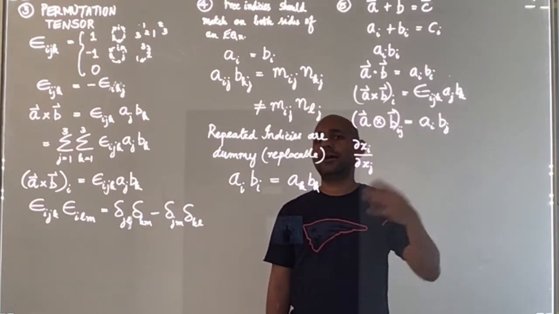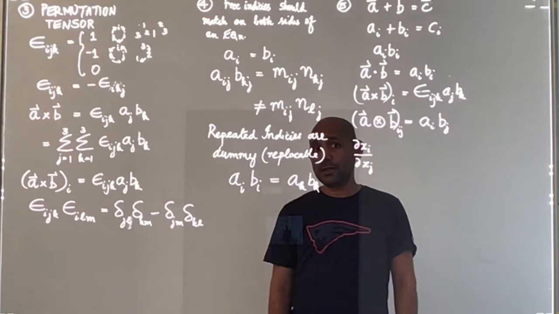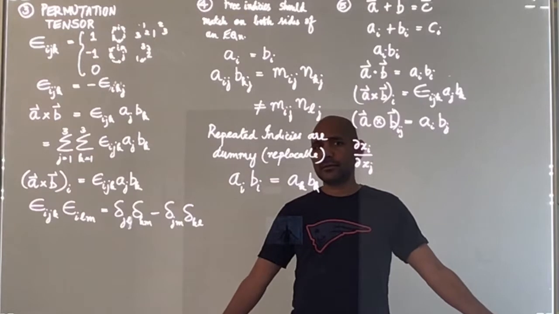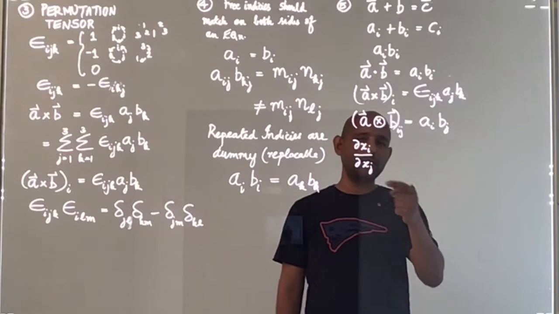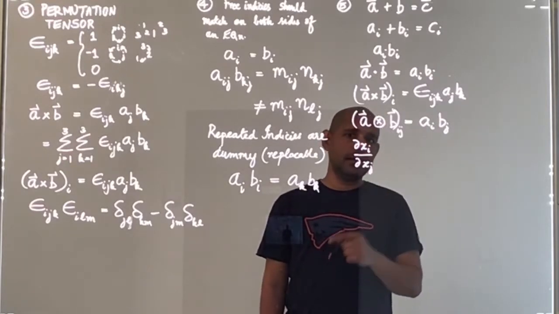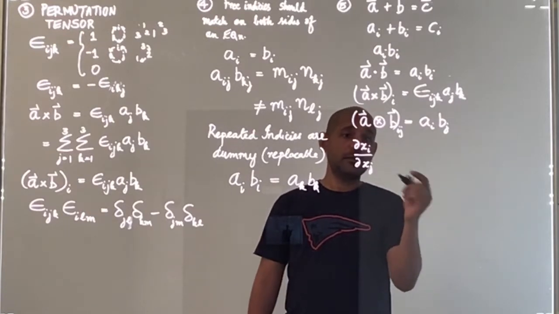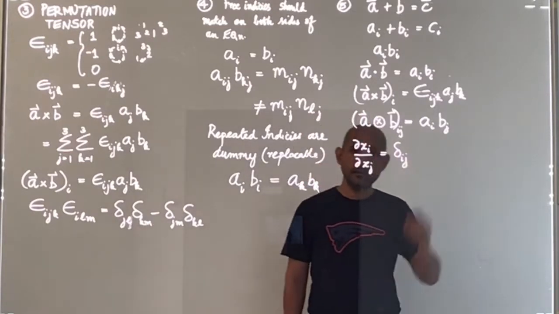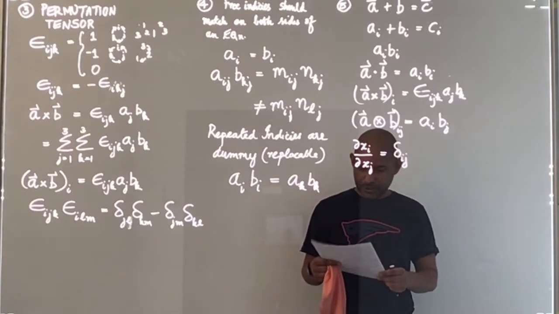Derivative of x3 with respect to x3 is, again, 1. But what is the derivative of x1 with respect to x2? Or if you prefer derivative of x with respect to y, that's obviously 0. And what does that remind you of? If i equals j, then the derivative is equal to 1. If i is not equal to j, then the derivative is 0, which is our Kronecker delta. So that's the one simple partial derivative.